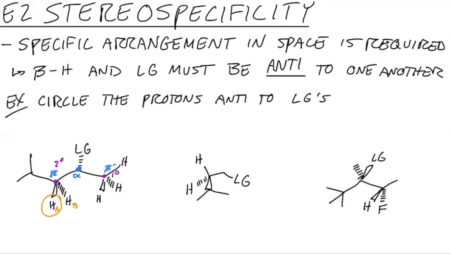It won't have any stereochemistry around it because it's at the end of a molecule. It's a terminal alkene. But just for the sake of practicing, between these three methyl protons, let's circle the one that is 180 degrees away from our leaving group as it's drawn right now. Go ahead and make a prediction.